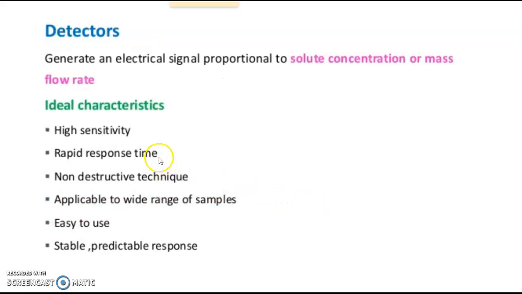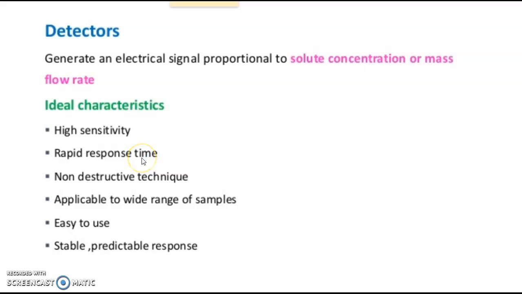Next one is the detectors. They generate an electrical signal proportional to solute concentration or the mass flow rate. The ideal characteristics of a detector: it should have high sensitivity. It should sense the impurities and the separations very precisely and accurately.